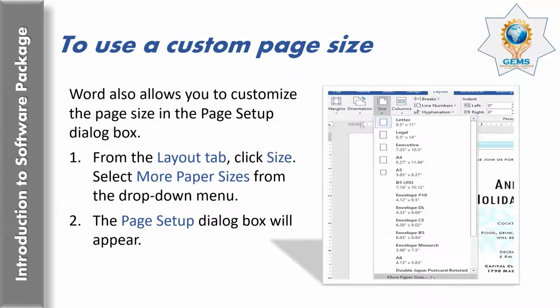To use a custom page size, it allows you to customize the page size in the Page Setup dialog box. Again you have to click on the Layout tab and click Size, then select More Paper Sizes from the drop-down menu. The Page Setup dialog box will appear.